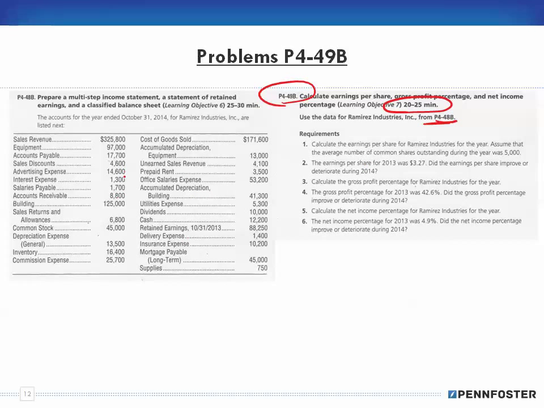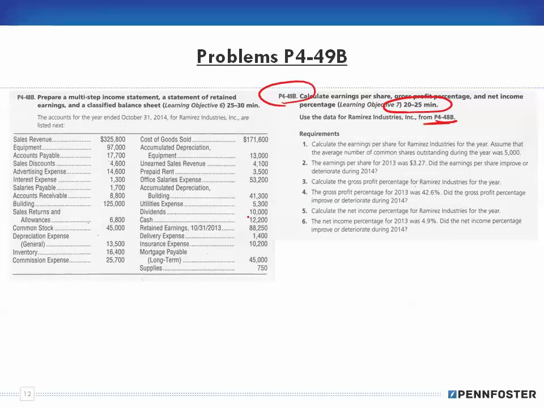For 4-48, you should have your income statement, your statement of retained earnings, and your balance sheet. If you don't, watch the 4-48 video and look at the solution in the solution manual to look at those financial statements, because those are what you're going to use in order to meet the requirements for 4-49.